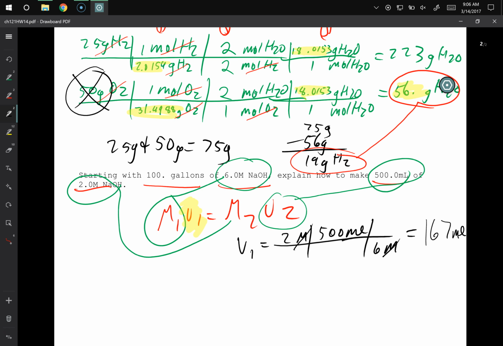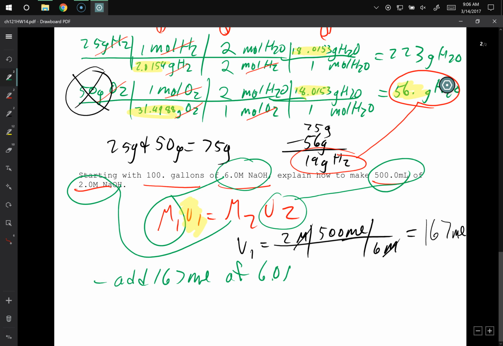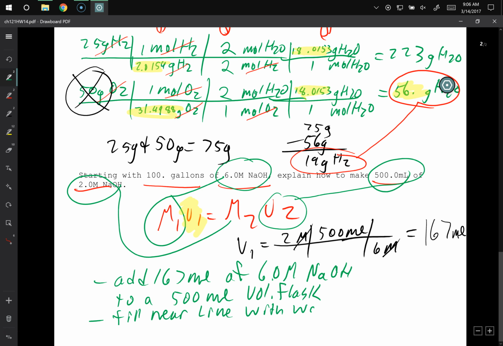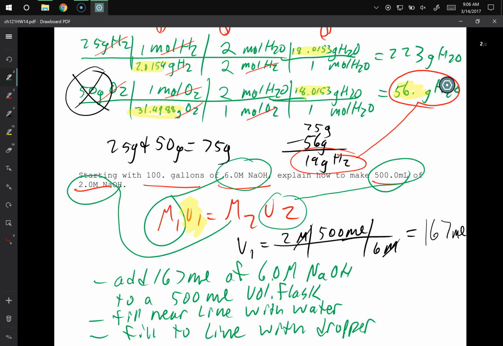All right, so how do I finish this problem? What do I write? So after I get this calculation done, I asked you to explain how to make this.